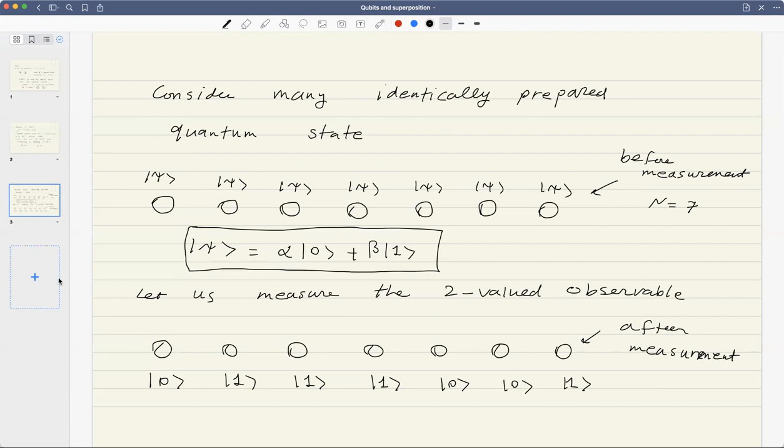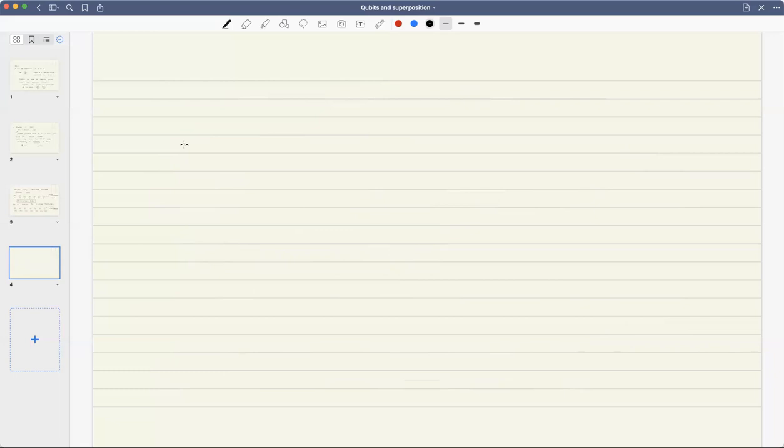Then we have to give some interpretation to these numbers alpha and beta, so they correspond again to some physical reality. So the way it works is that if we normalize our state, I'll explain in a second what that means.